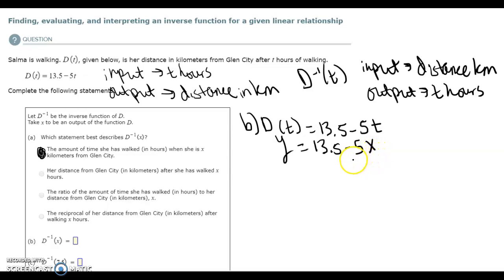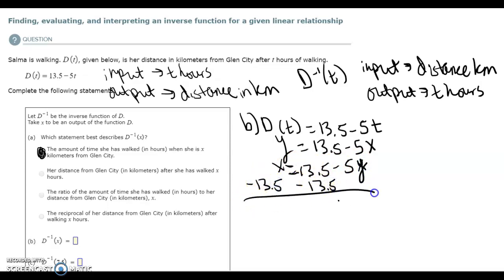So now we'd switch our x and our y. Sorry, that should be a y. I subtract my negative 13.5 from both sides. I divide both sides by negative 5.